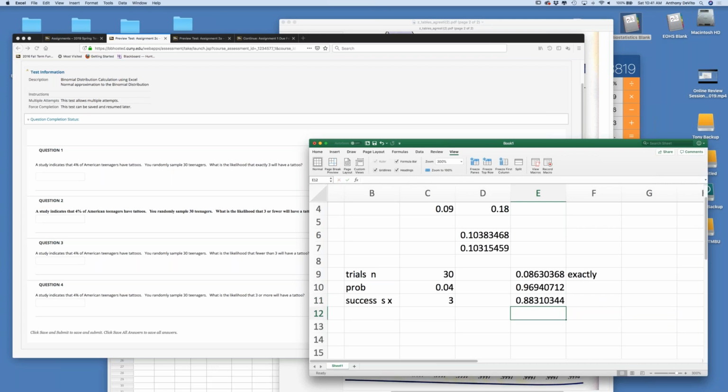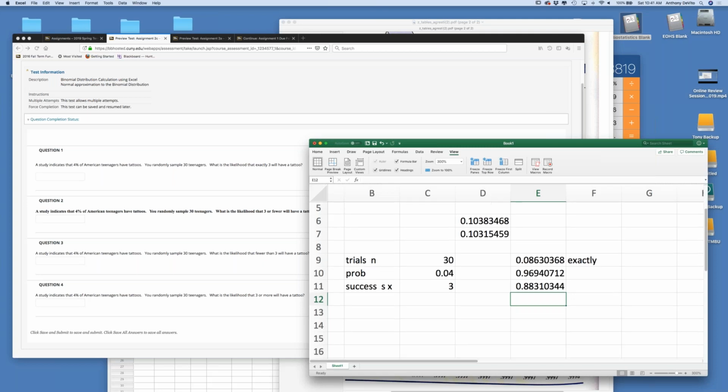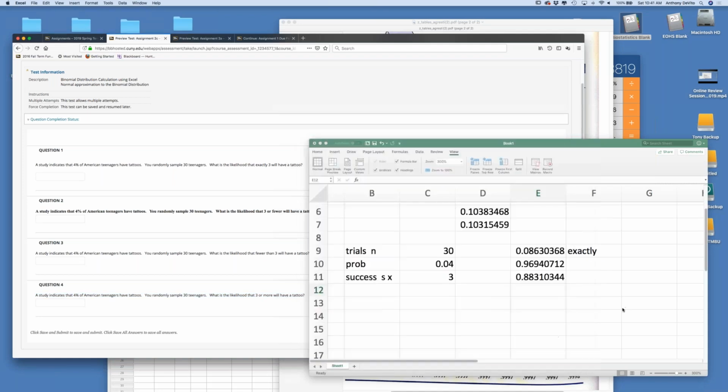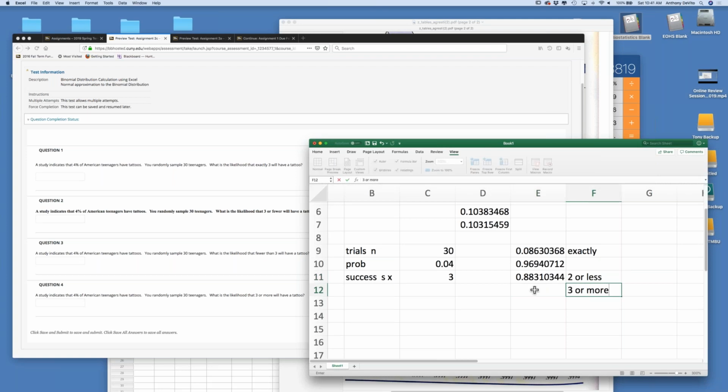So you see the difference there, right? It doesn't include the probability for 3. The next one asks, what's the likelihood 3 or more will have a tattoo? Well, I just calculated the probability that 2 or less will have a tattoo, right? So 3 or more is all the other possibilities that are left.